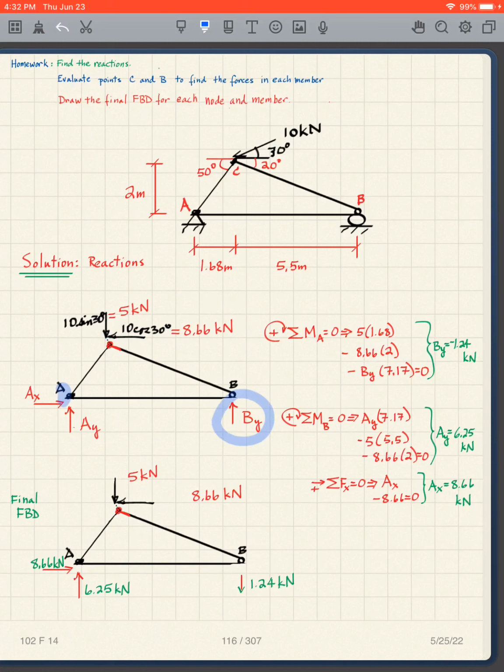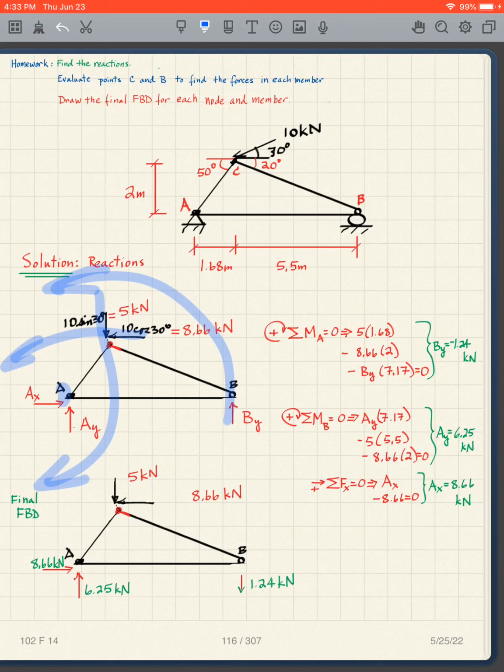And this is going to be B y times this distance, which is 7.17. And in terms of the directions, this is clockwise, this is counterclockwise, this is counterclockwise.